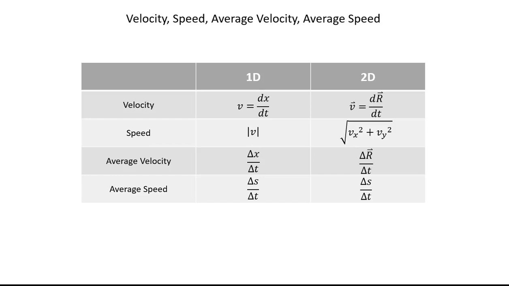A dt is a time element. It's a small part of time. In any case, velocity at a point is like an average velocity over a tiny time interval around that time we're concerned with. Speed is the magnitude or absolute value of the velocity.